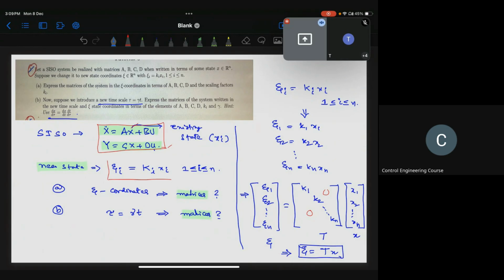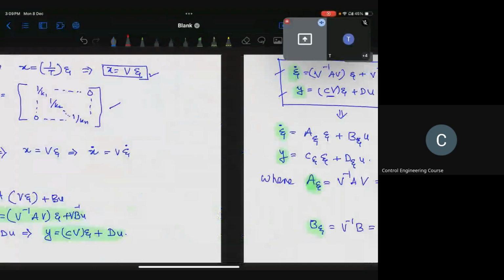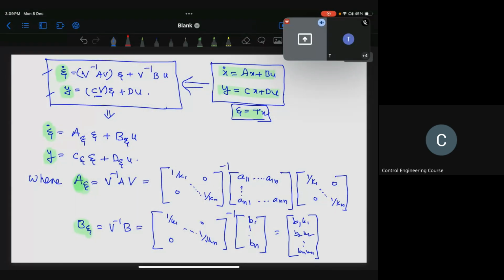When the state is transformed by multiplying with some constant, what happened to the ABCD matrices? That is the first question. The second question is, when we do the time scaling, what happened to the matrices from the previous question? When we converted the system from xi coordinates to zeta coordinates, the matrices changed like this.